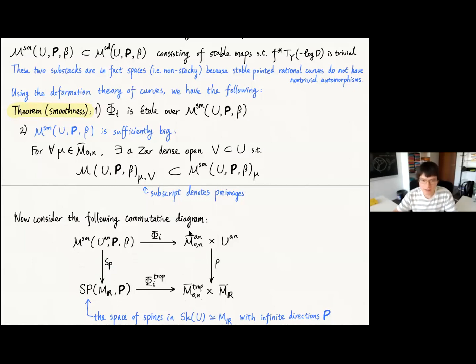On the first factor, it sends every stable n-pointed rational analytic curve to an extended tropical curve with n marked points. And on the second factor, it's just the retraction map from the analytic U to the closed skeleton.